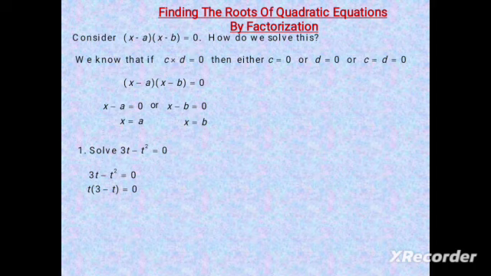And so by factorization on the left hand side, we'll have (4x minus 1)(x minus 1) equal to 0. Working on the first part, we'll have 4x minus 1 equal to 0, and this will give us 4x equal to 1, and the value of x now is 1 over 4.